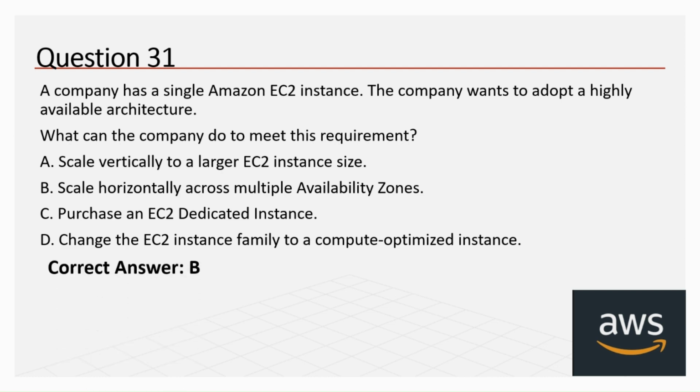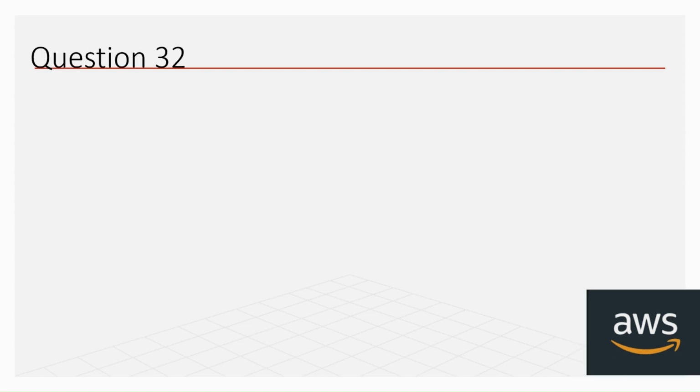And the correct answer to this question is answer B, which is scale horizontally across multiple AZs. If you scale it horizontally across multiple AZs, your application will be more available, it will become highly available.